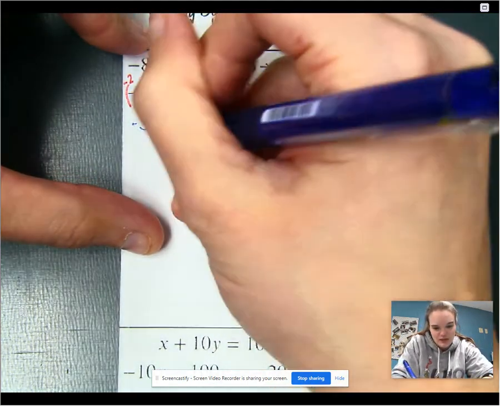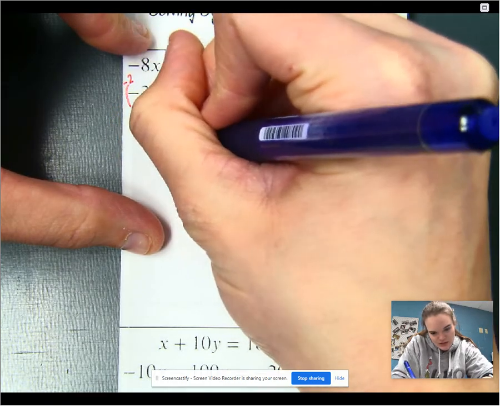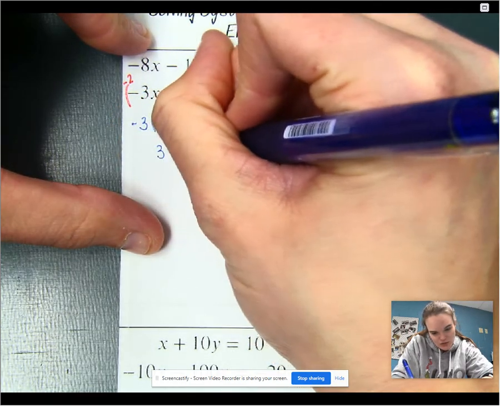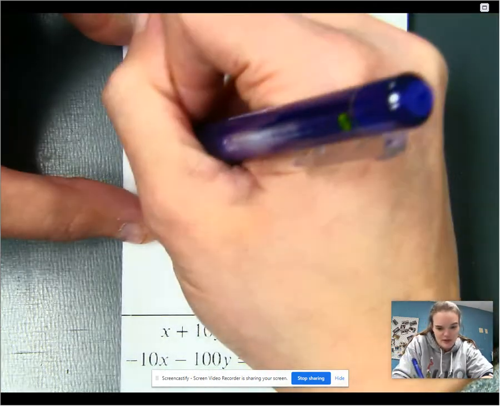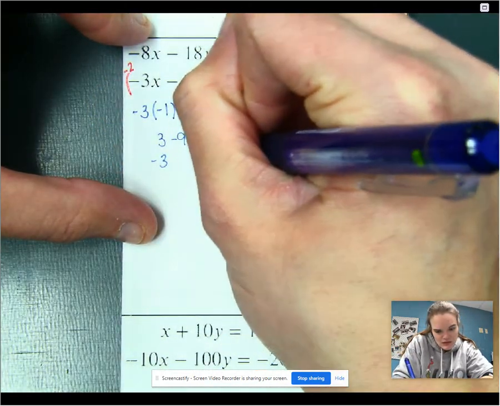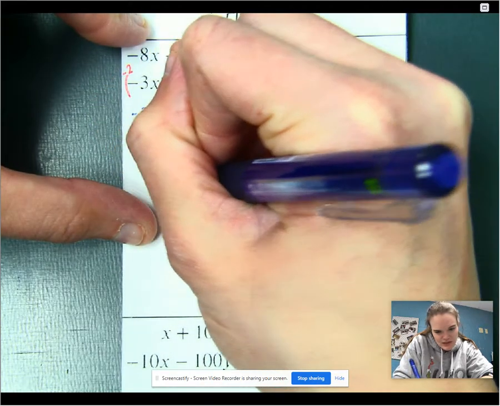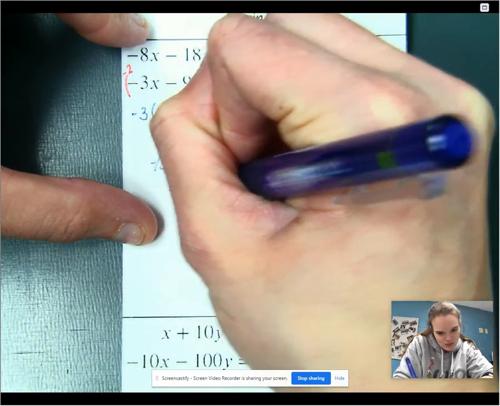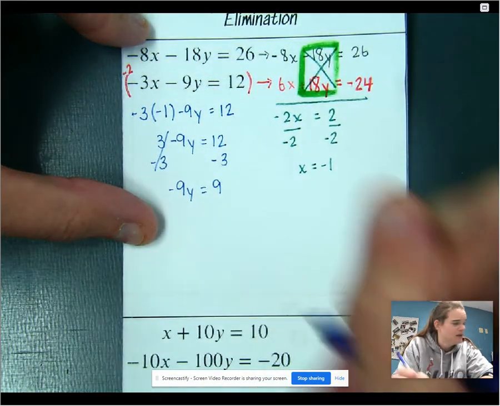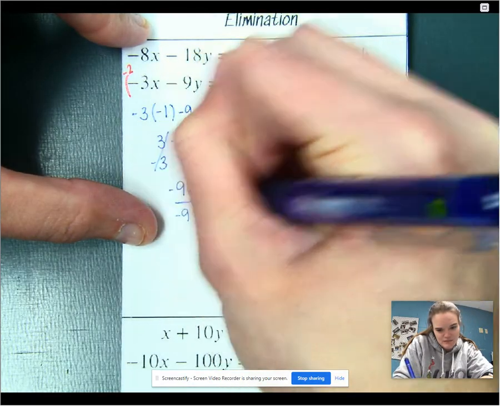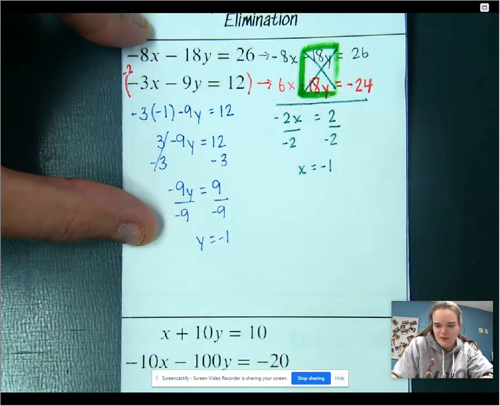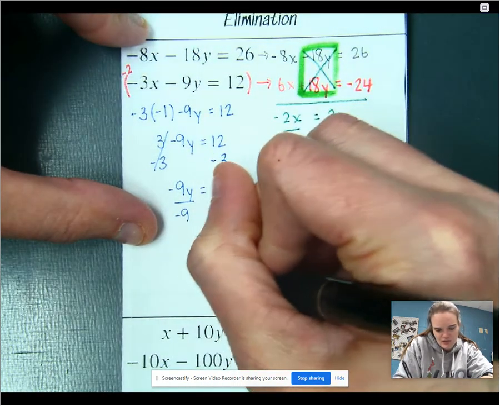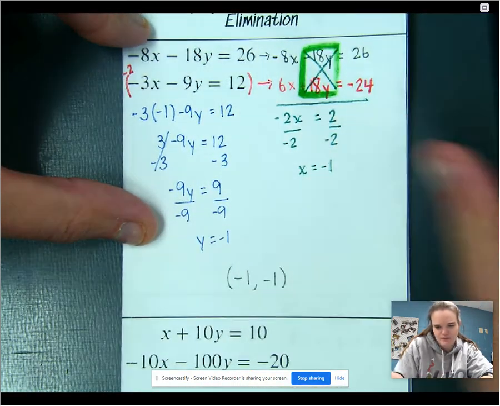Negative 3 times negative 1 is 3, minus 9y equals 12. Still solving for y, so subtract 3. Negative 9y equals 9. Divide by negative 9. y also equals negative 1. So my solution is negative 1, comma, negative 1.